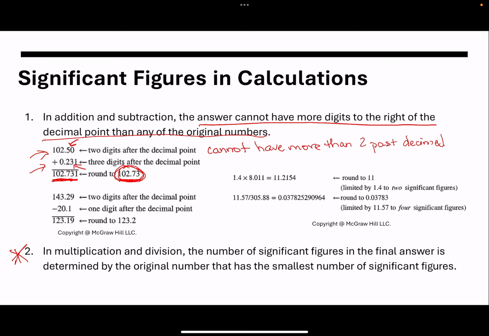So your number cannot be more precise than your least precise measuring device.